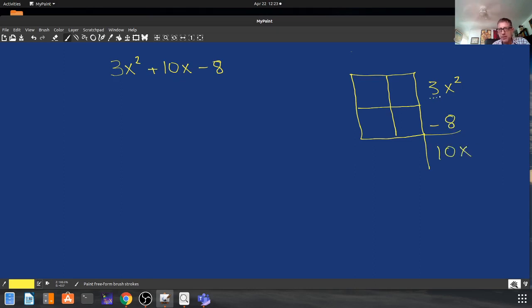Since the coefficient on our leading term is prime, it's 3, I'm just going to do 3x and x. So notice this is negative and this is positive. So exactly one of these factors is going to be negative and the other is going to be positive. So we're going to just try maybe minus 2 and 4.